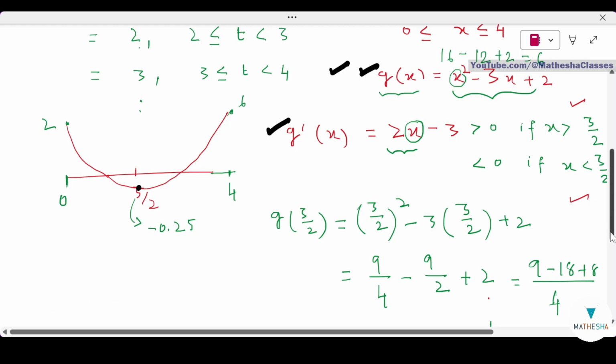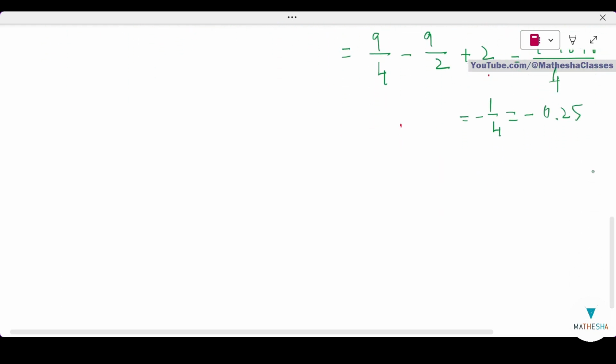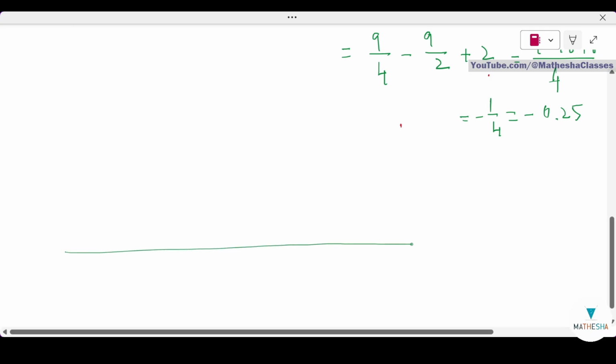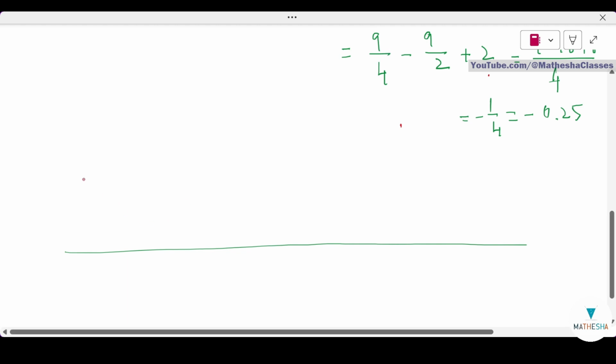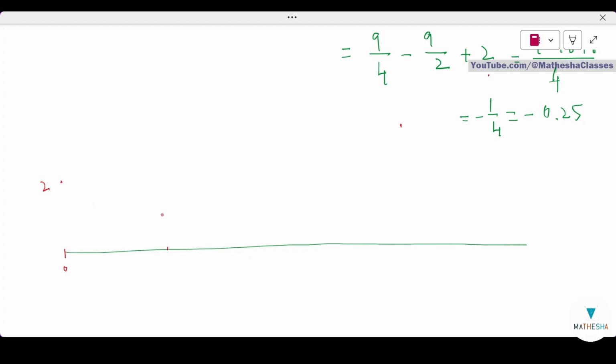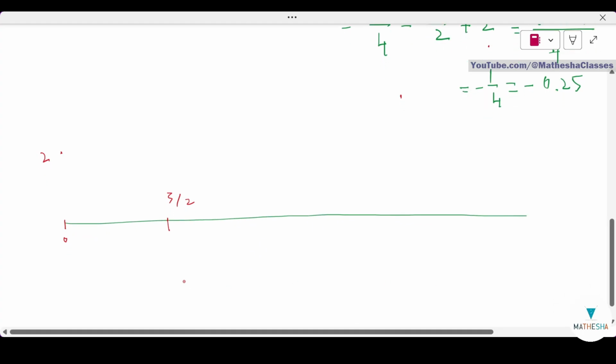So let us draw it more clearly. So at 0, the value is 2. And if this is 3 by 2, then at 3 by 2, the value is minus 0.25.